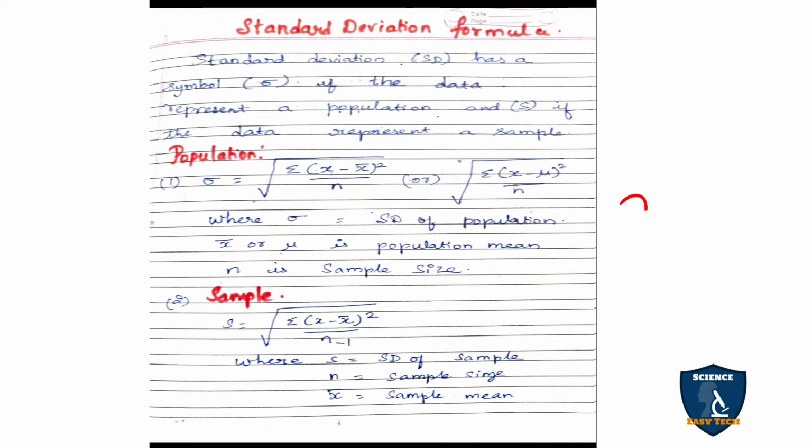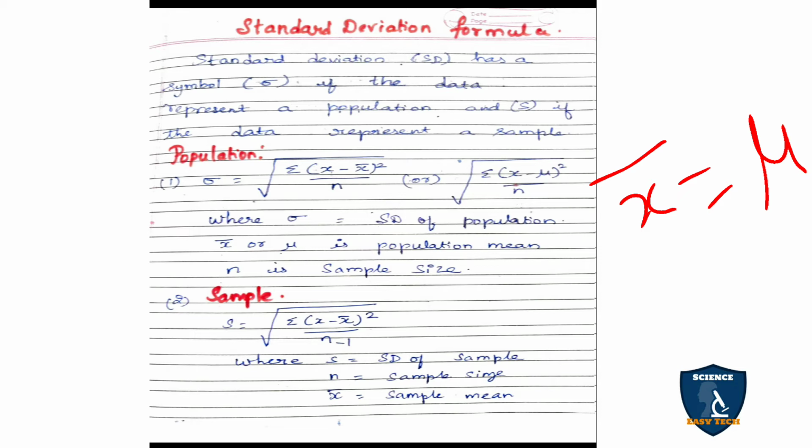Whereas for the population mean, the x bar is represented as mu. That's why I have given the other formula also. Sigma is equal to square root of summation of x minus mu whole square divided by n.